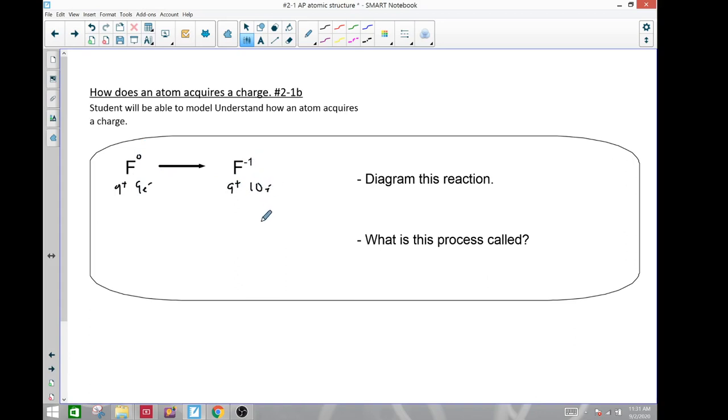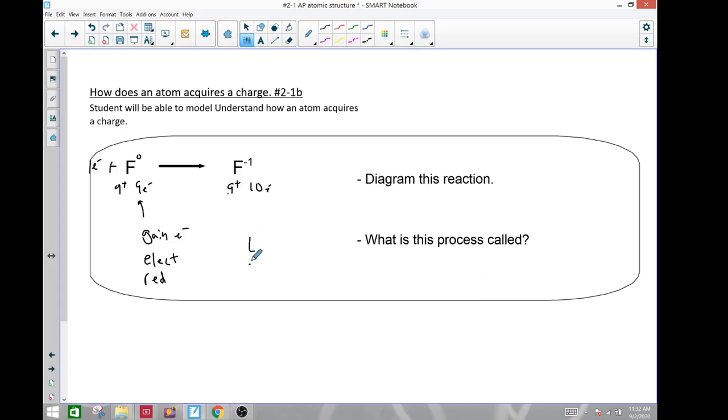All right, so protons are the same, but now I have 1 more electron on this side. That means I have to have 1 more over here, and we call this reduction. So for this guy to gain electrons, reduction.